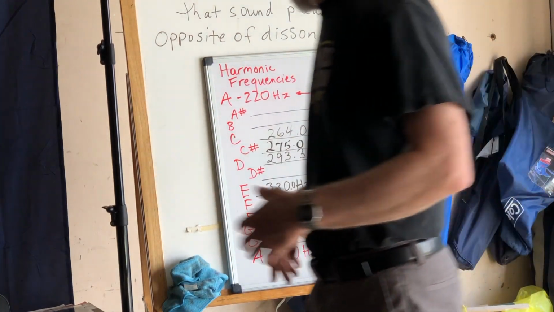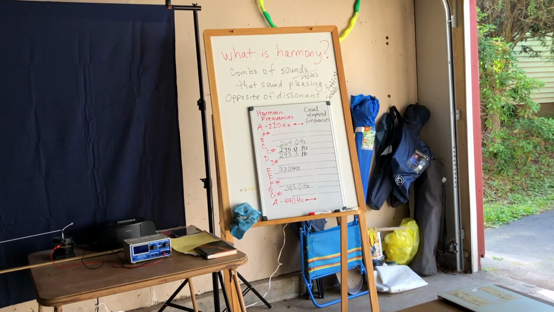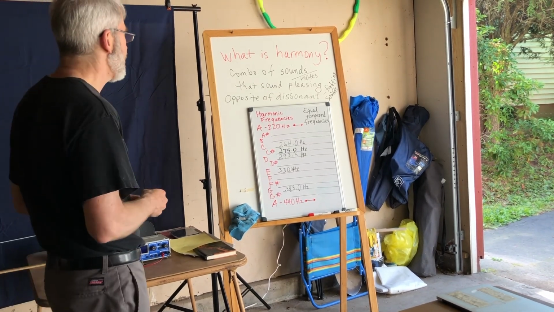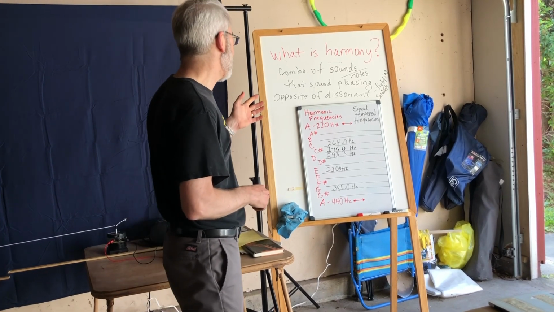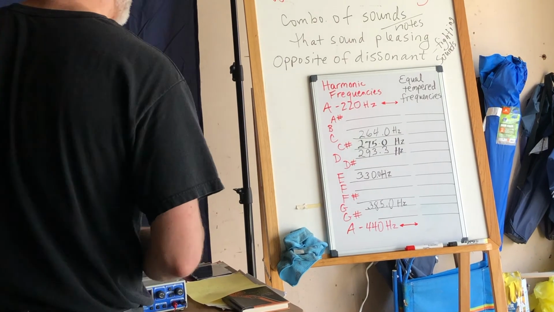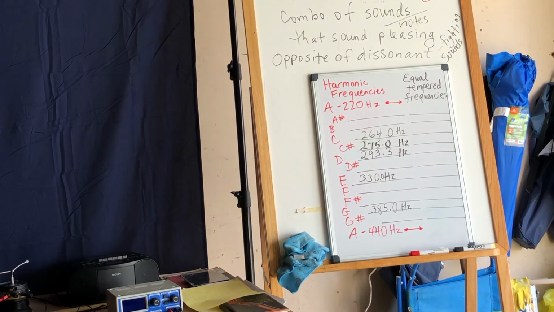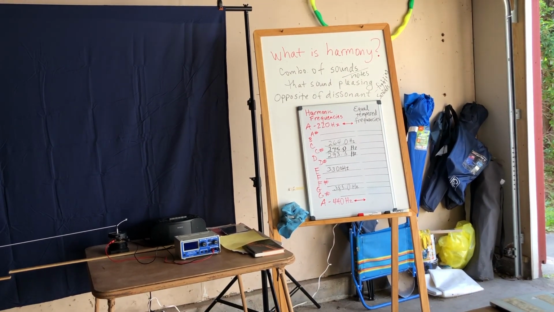So anyway, when we hear these two frequencies together, like A220 and C264, or A220 and C sharp 275, these should sound really nice to us and really in tune and pleasing to our ear. But why?